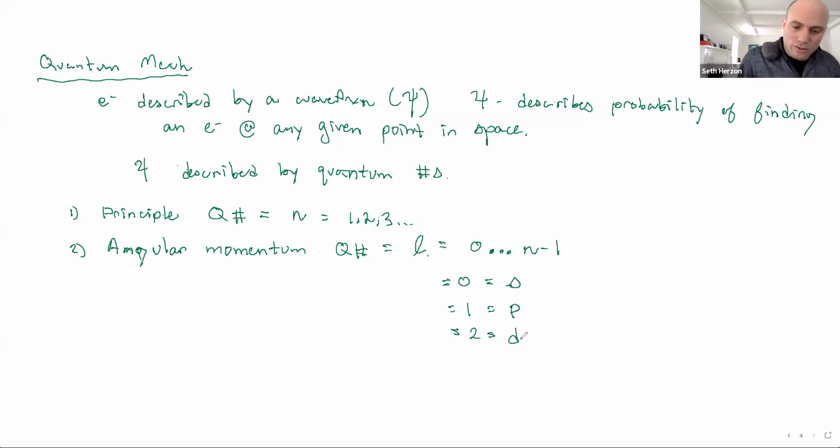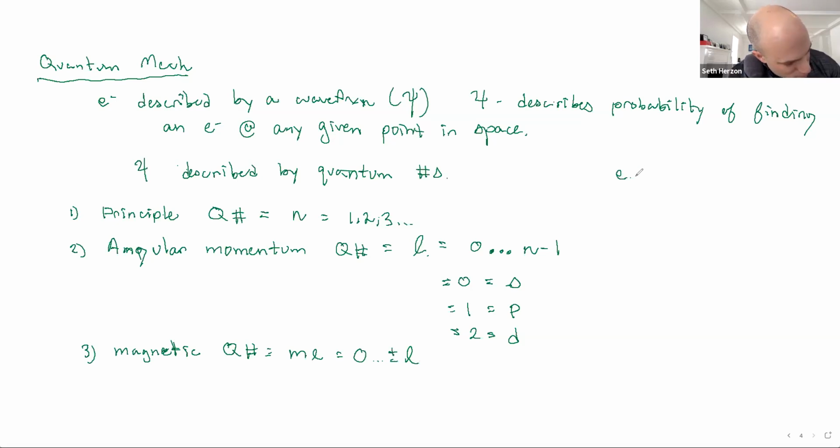There's also the magnetic quantum number, abbreviated M sub L, and that goes from 0 to plus or minus L. So if I have, for example, a principal quantum number of 1, then L is defined as 0 to n minus 1, so it's just going to be 0.